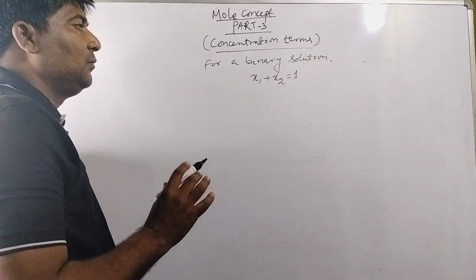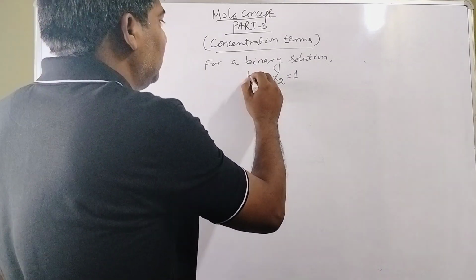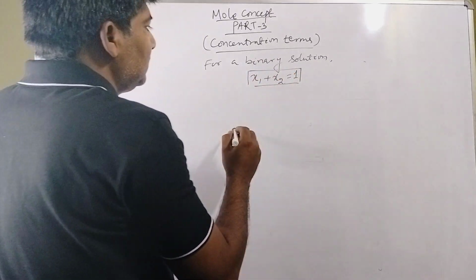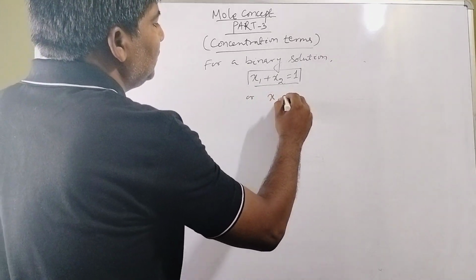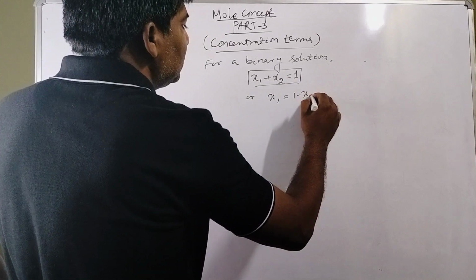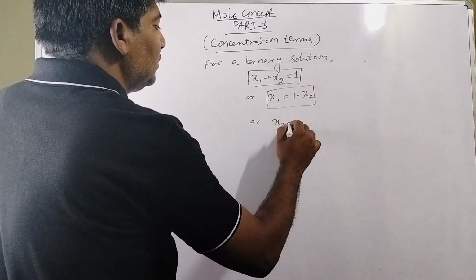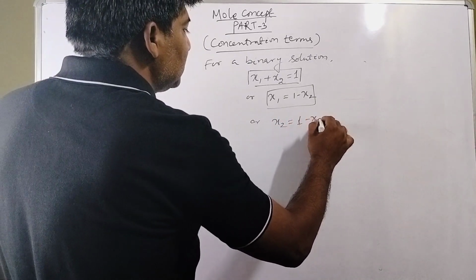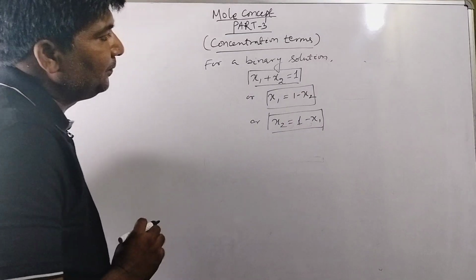That is mole fraction of solvent plus mole fraction of solute is equal to 1. So we can calculate x1 if we know x2. So x1 is equal to 1 minus x2, or x2 is equal to 1 minus x1.